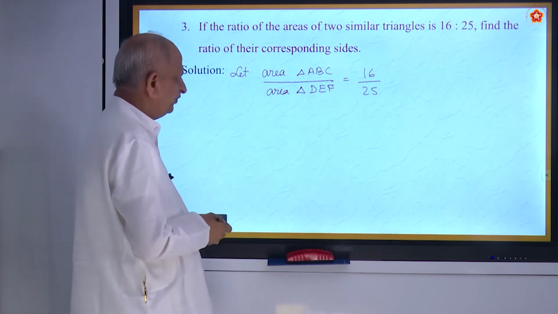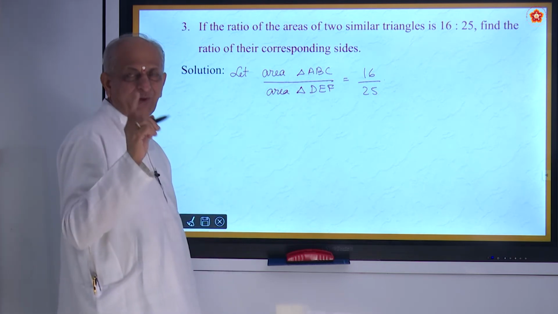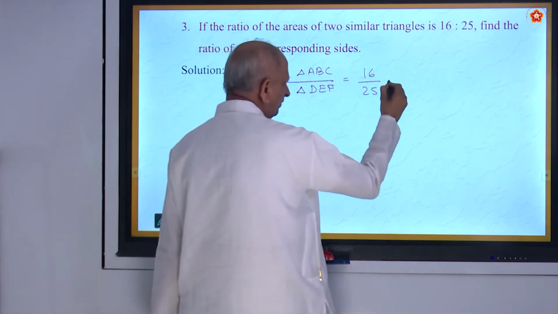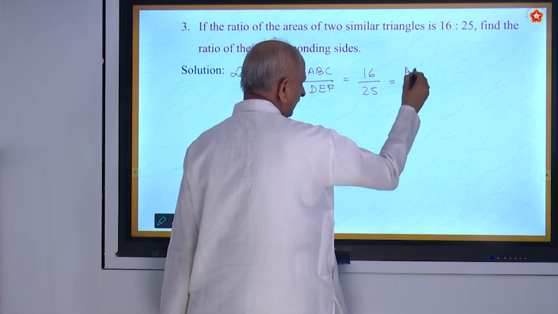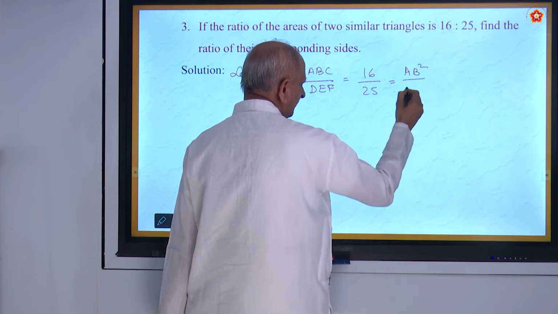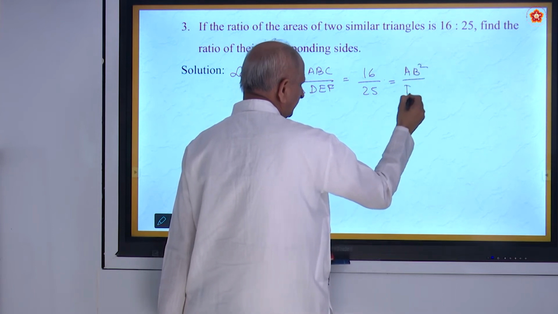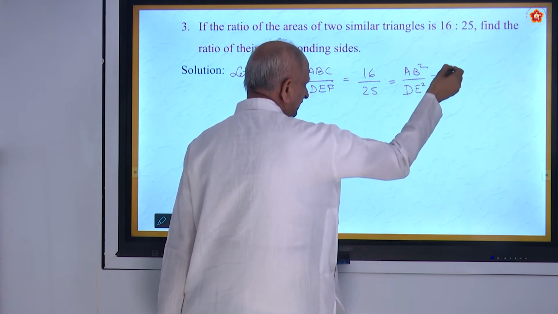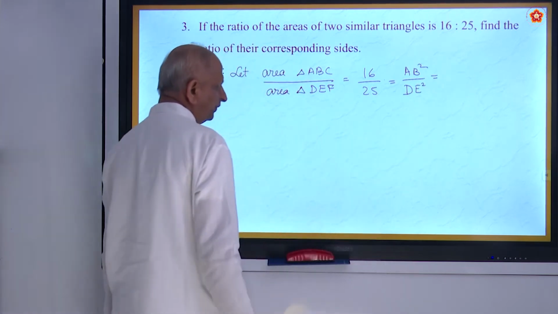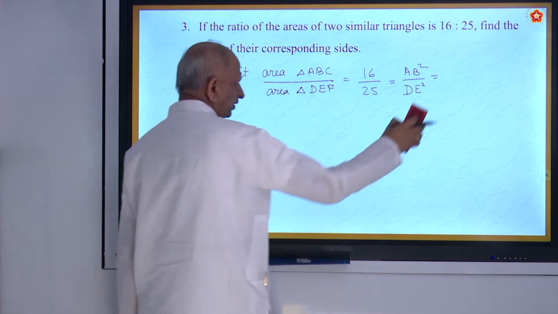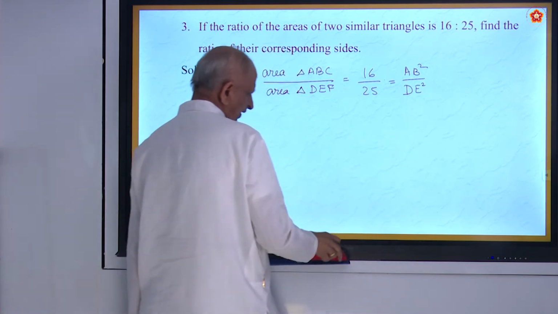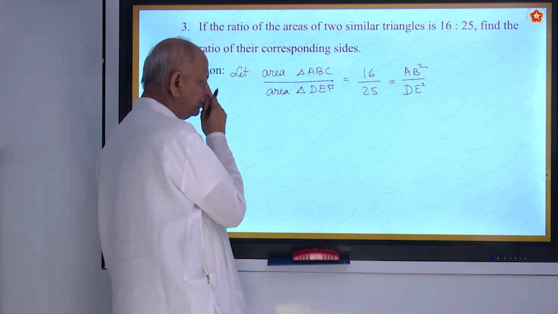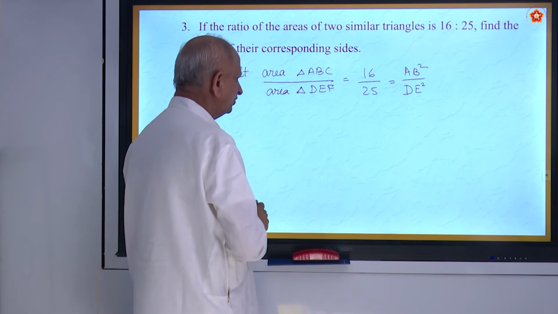So by theorem we know that they are the squares of the corresponding sides. So this will be equal to AB square by DE square, also equal to BC square by EF square, also equal to AC square by DF square. Is it not?